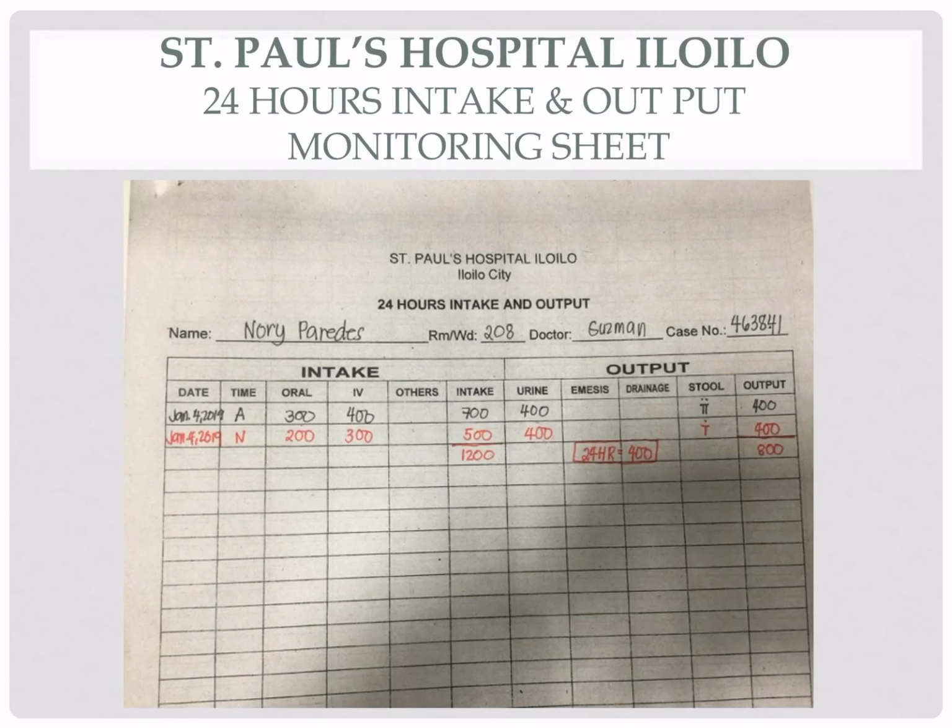That indicates the stool, meaning the patient had defecated twice during your 12-hour shift. Then after that you have to total the urine, the emesis, and the drainage in your output.